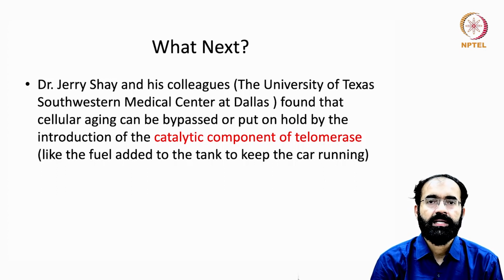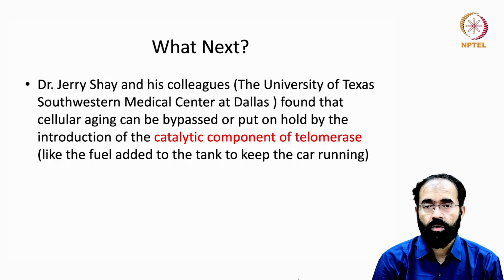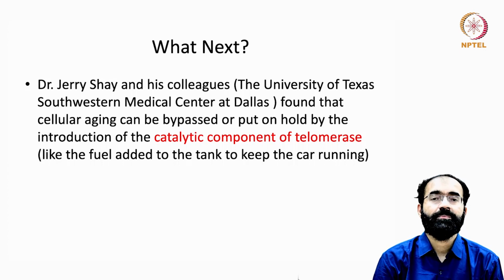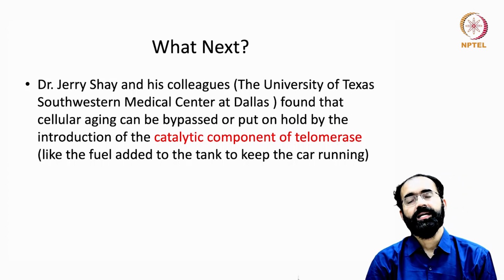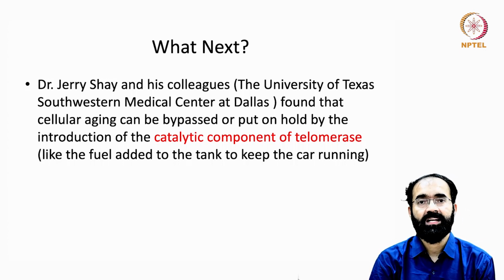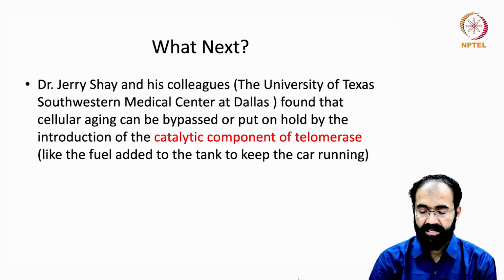Like if there is an electricity supply, the motor will continue to run, or any other system you can think of. As long as firewood is added, the fire will not stop. Fire will continue to burn. The only limitation will be the firewood. Same way, telomerase is the limiting factor. If you have telomerase available, the telomere length will not go short, no matter how many times the cell is dividing.